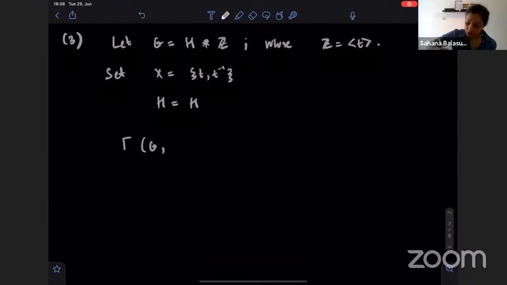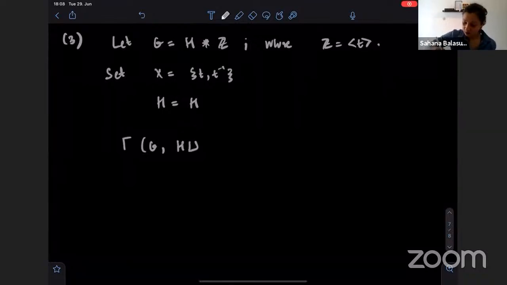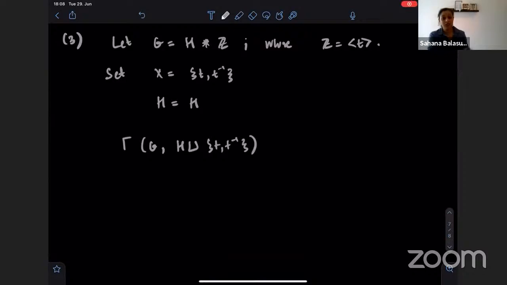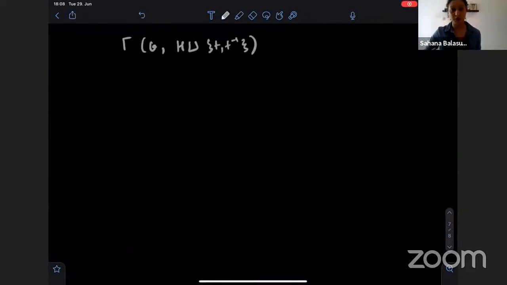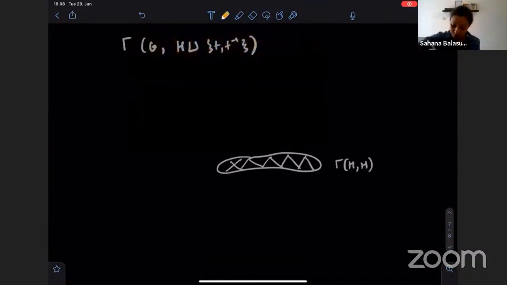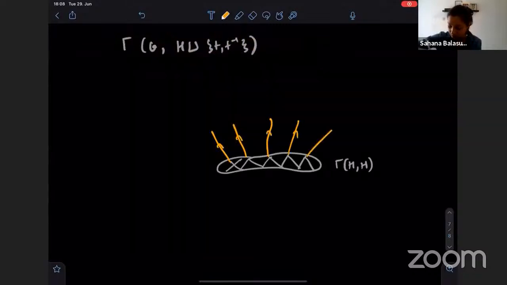And once again, I am interested in what this Cayley graph looks like. And in this case, it turns out that the Cayley graph is also hyperbolic, and it turns out to be a quasi-tree. So what's going on over here? Because of the free product structure, you have the complete subgraph on H. And then from every vertex of this space, I have a T edge that leaves and that is incoming.